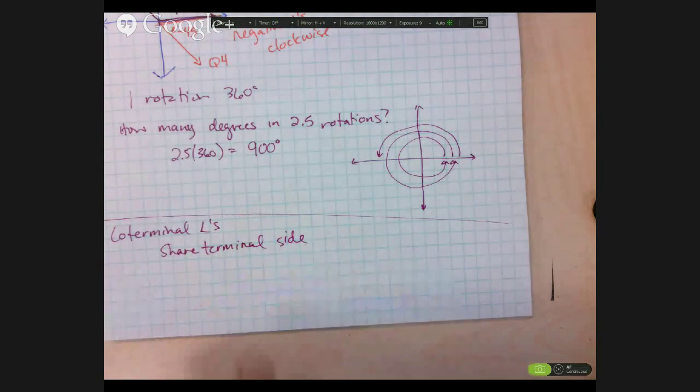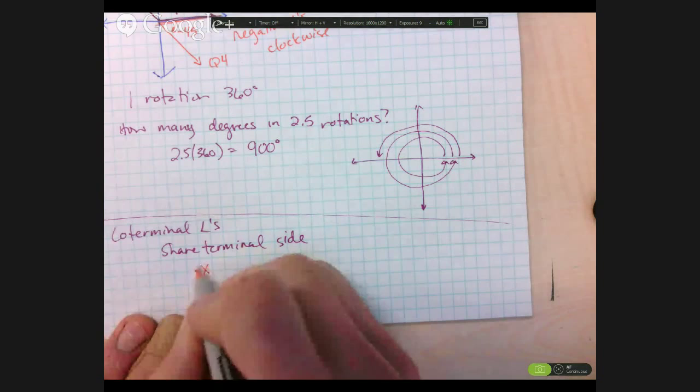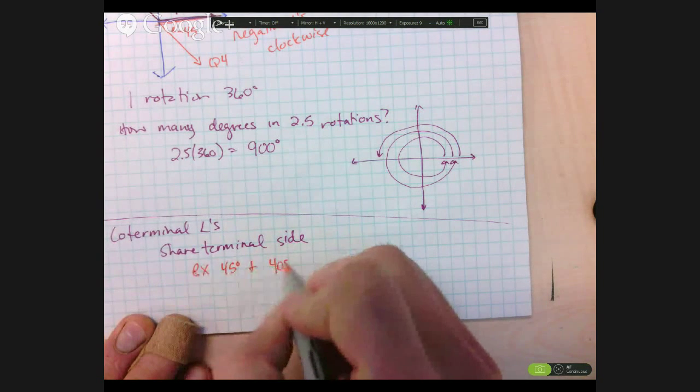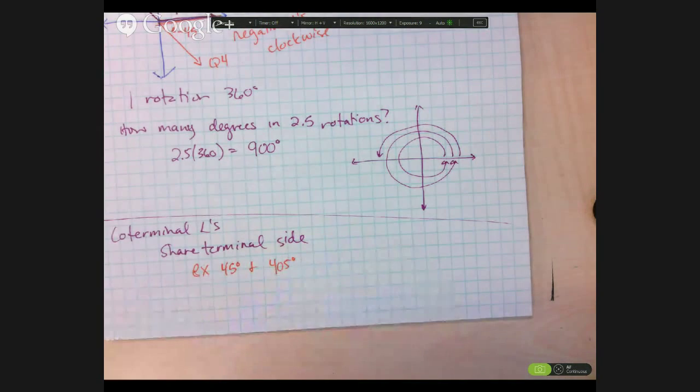Coterminal angles. It's important that you understand that. I call it the second most important thing for the day. They share a terminal side. So let me give you an example. Okay, there are two coterminal angles. Why are they coterminal?